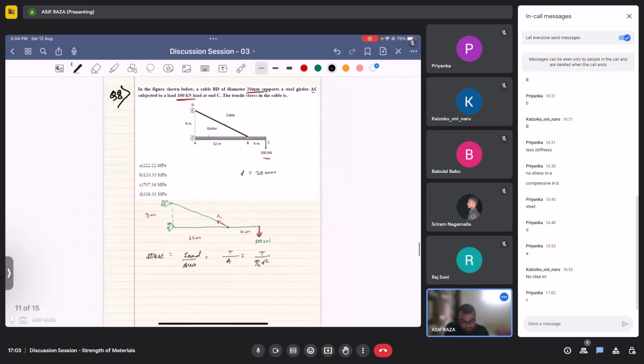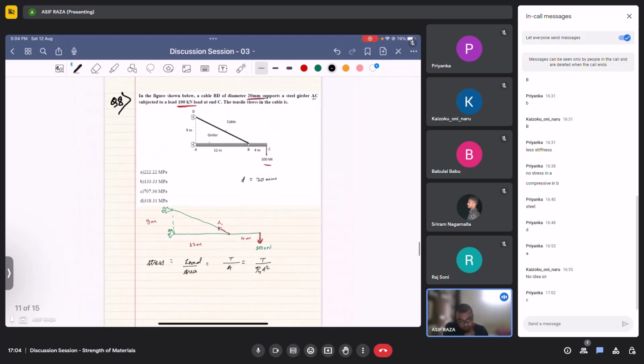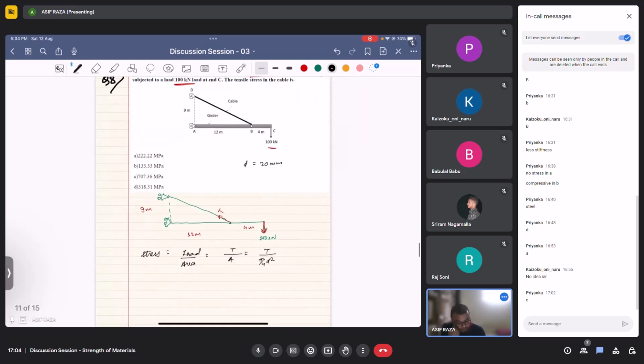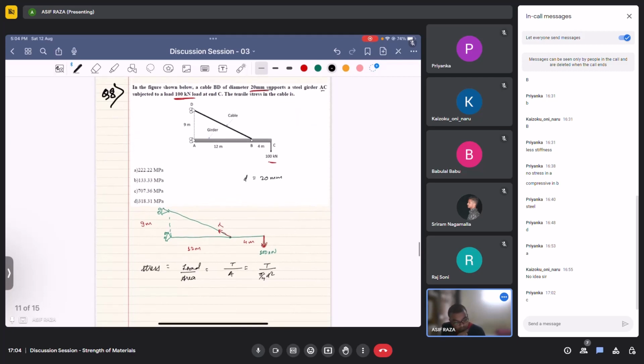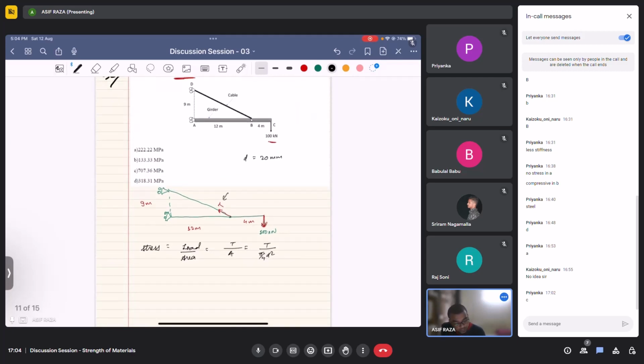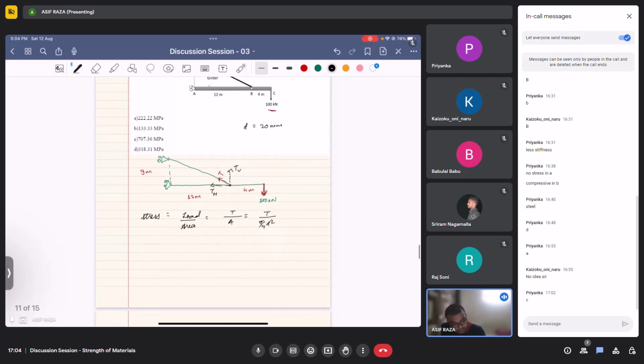Let's try to solve it. So now if I resolve this tension T in the horizontal and the vertical direction, so if I write this TV and T horizontal, what would be TV?